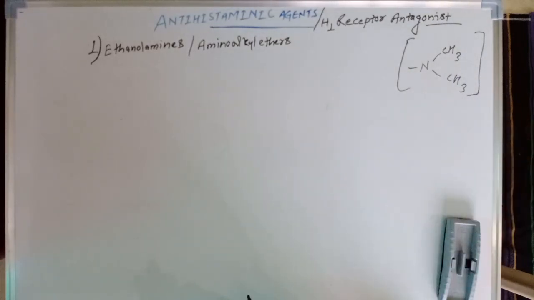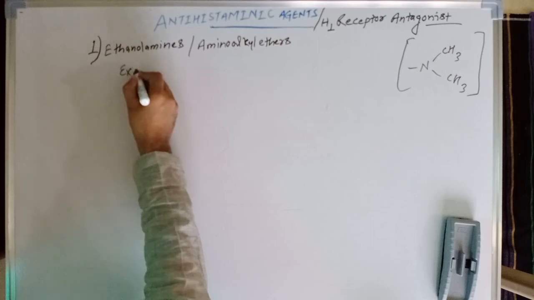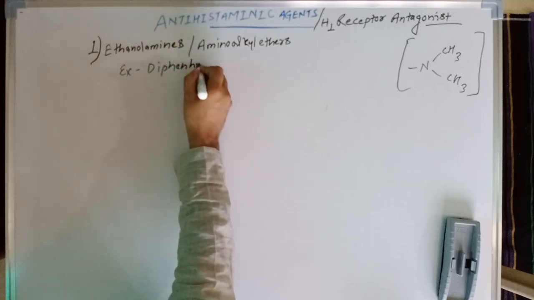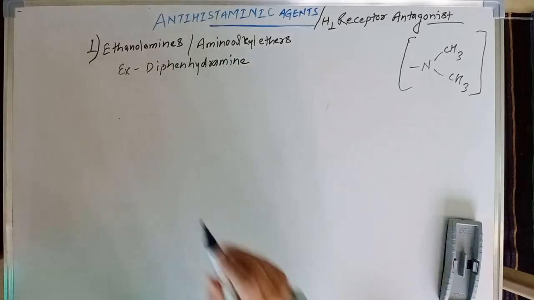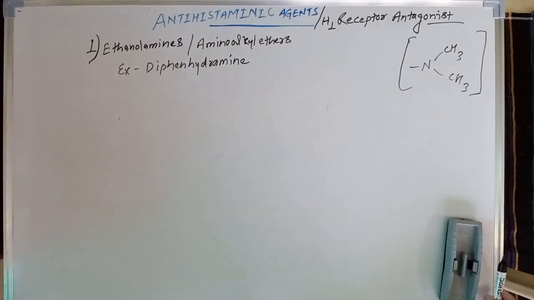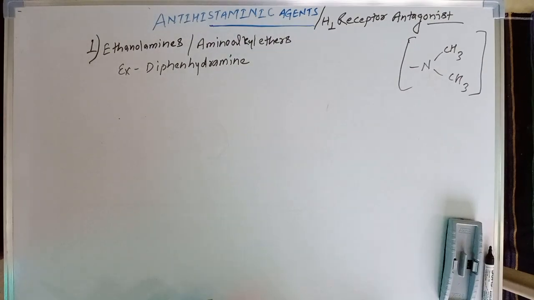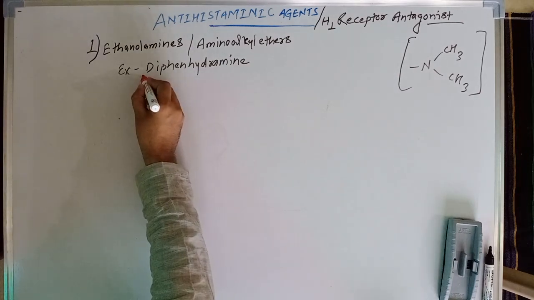The first class of antihistaminic agents is ethanolamine or amino-alkyl ether, and the drug which comes under this class is diphenhydramine. Now, from this name, we can draw a conclusion that these drugs have diphen, meaning two phenyl rings.